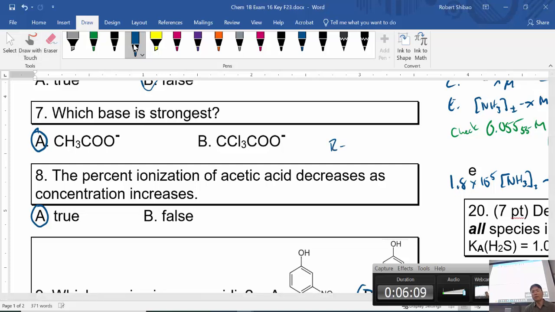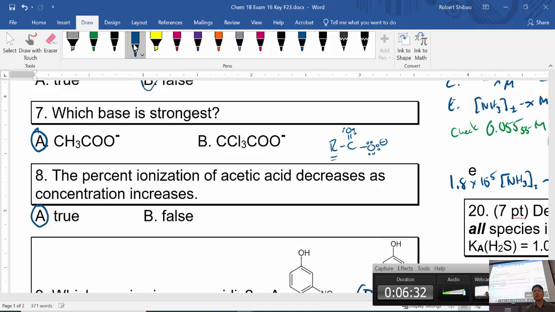This is RC, the carboxylic acids, when they get deprotonated, they form the carboxylate group like this. And so we look at the R group that's attached to our carboxylate group.